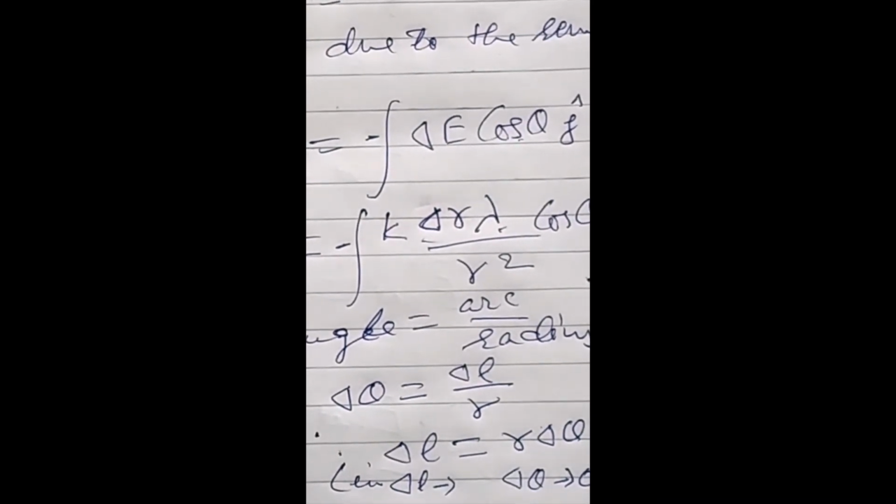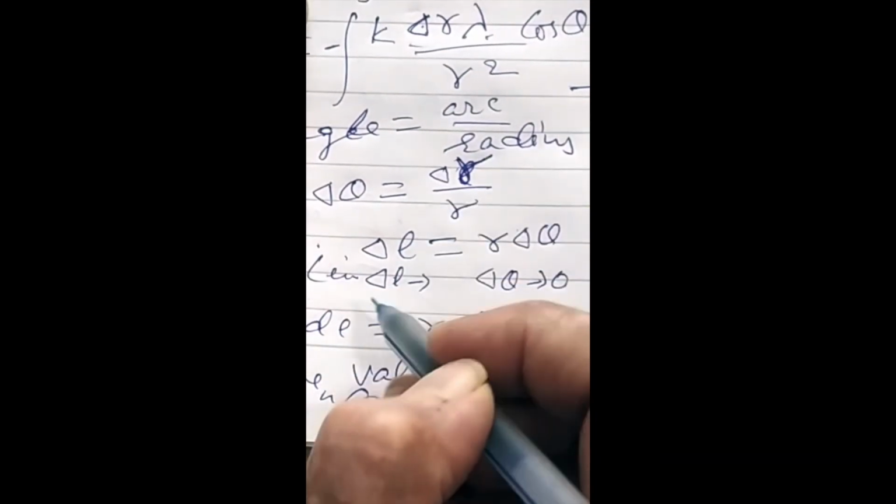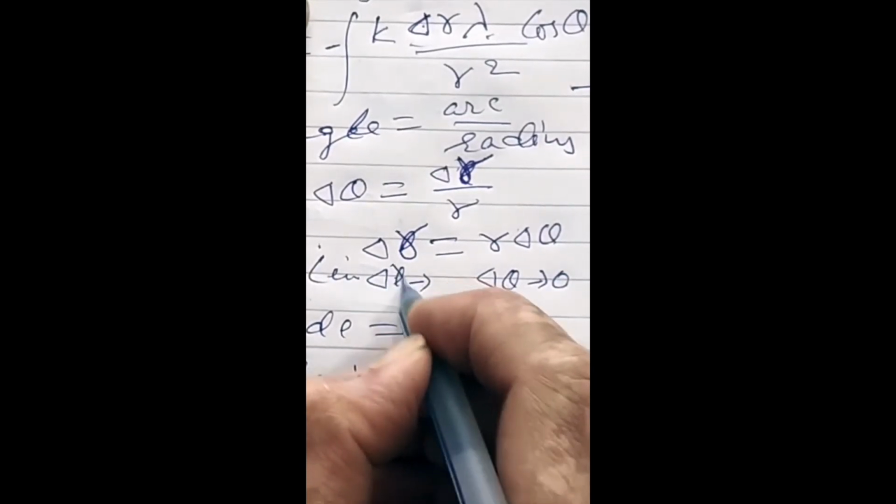Putting the value of dl in equation 1, E net is equal to k lambda dl, where I have written dl, divided by r square.